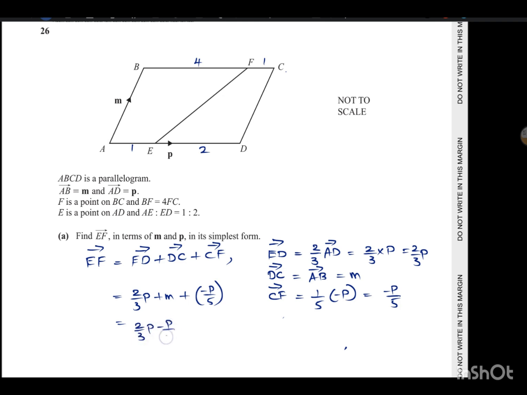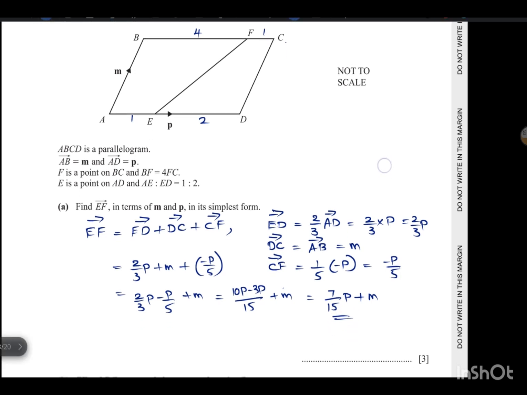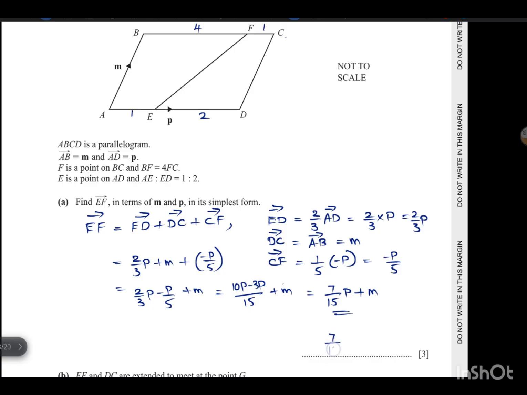The LCM is 15, so 2 times 5 is 10P minus P into 3 is 3P, plus M, that will be equal to 7 by 15 P plus M. This is the value for the vector EF. So the answer is 7 by 15 P plus M.